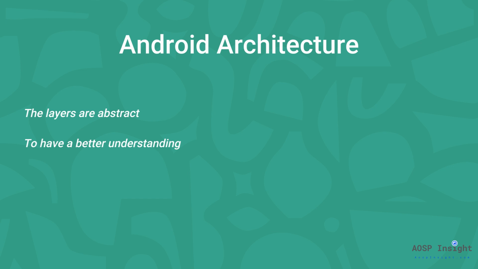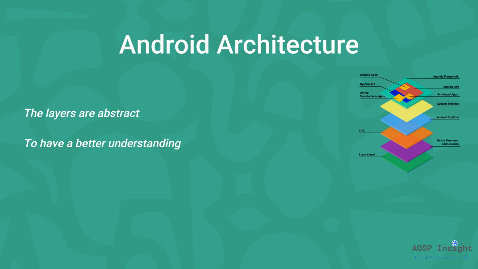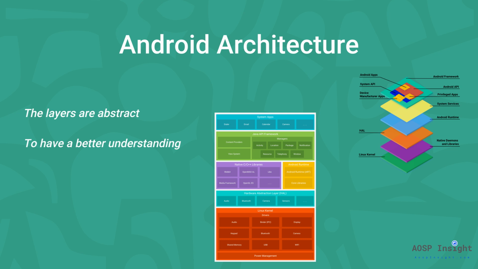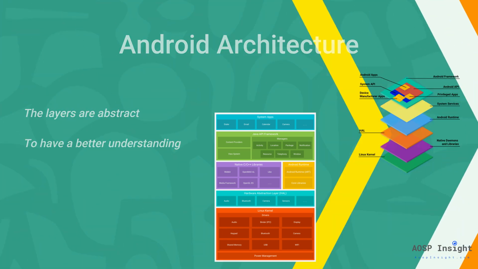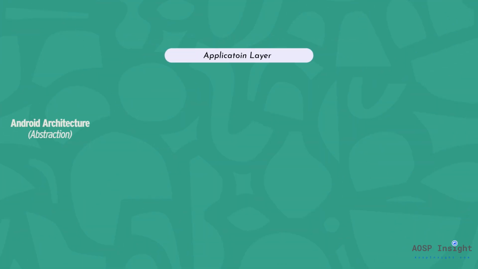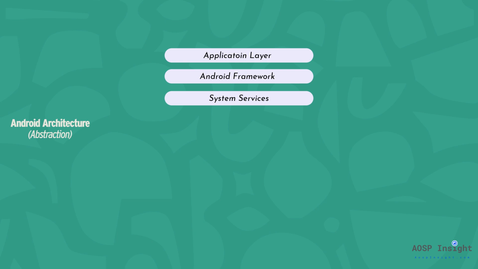There are different diagrams that you can find for Android. For example, something that Google usually uses in its Google documents. But here I have tried to provide almost 7 layers. The first layer is the application layer. Then we have Android framework. The next ones are system services, and Android runtime, which I intentionally added here.